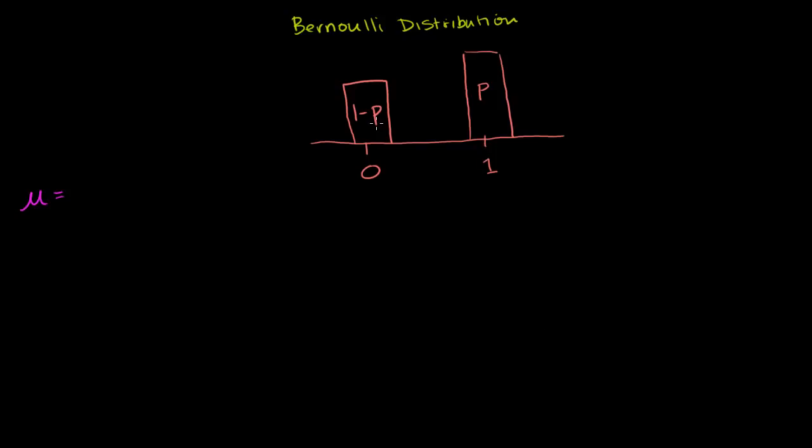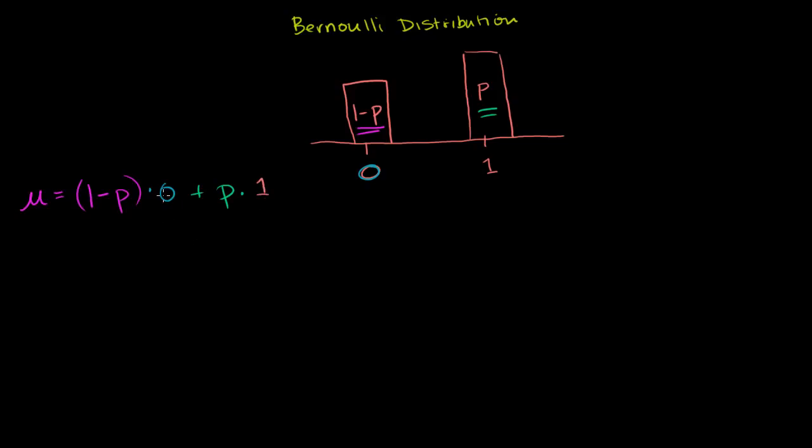There is a 1 minus p probability that we get failure, that we get 0. So there's a 1 minus p probability of getting 0, so times 0. And then there is a p probability of getting 1, plus p times 1.